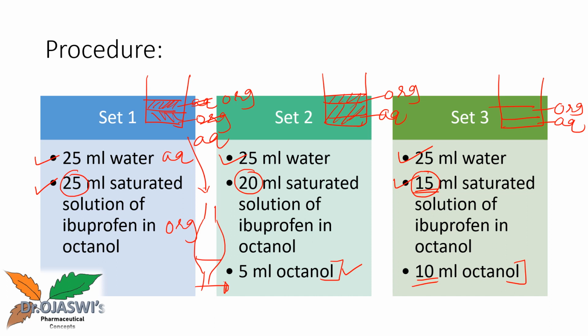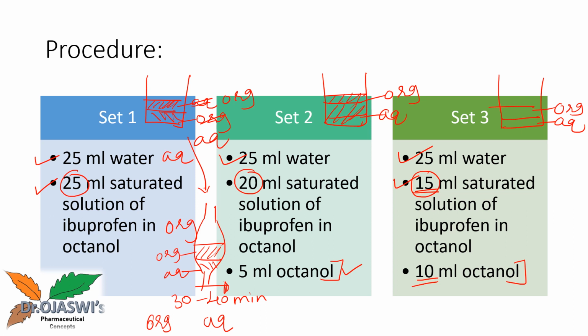Again in the separating funnel I will have both layers, the aqueous layer at the bottom and the organic layer on top. This will be shaken for 30 to 40 minutes, after which the organic and aqueous layers will be separated.